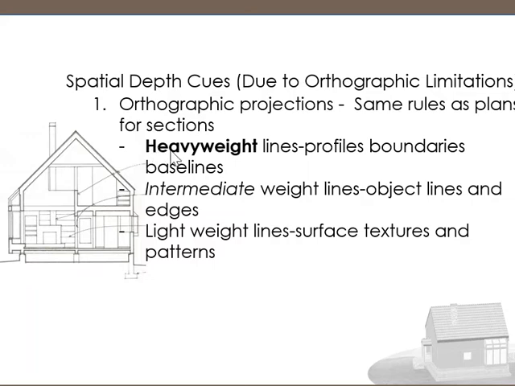Now, we have our heavyweight lines that are the profile lines that really show the structure, our intermediate weight lines, which are object lines and edges, and a little bit smaller doors and so forth. And then the lightweight lines are surfaces and textures. Maybe you have a little brick pattern here or some textural quality on the wall. So you use those for the lighter lines.